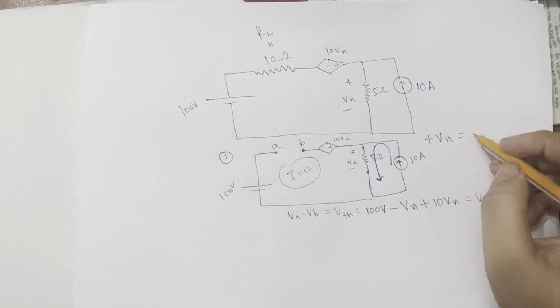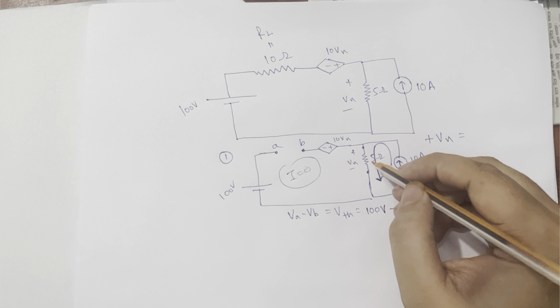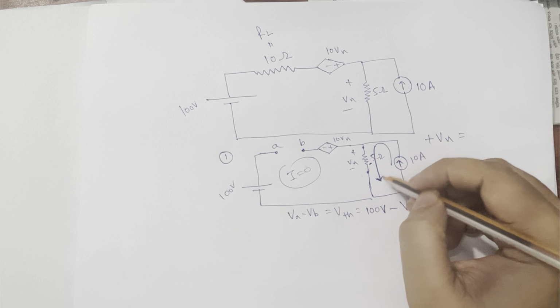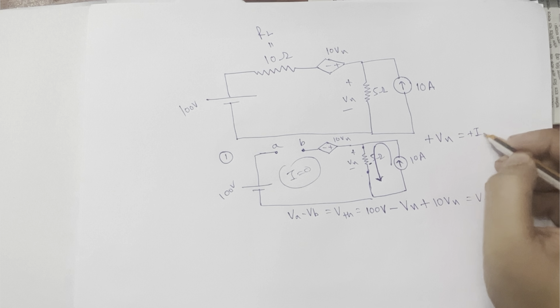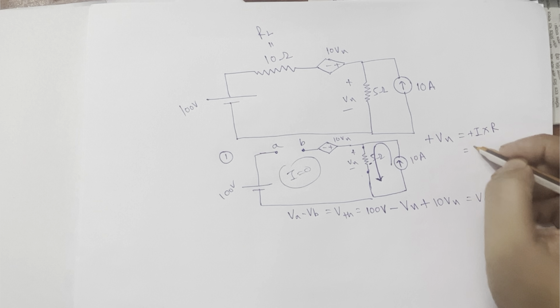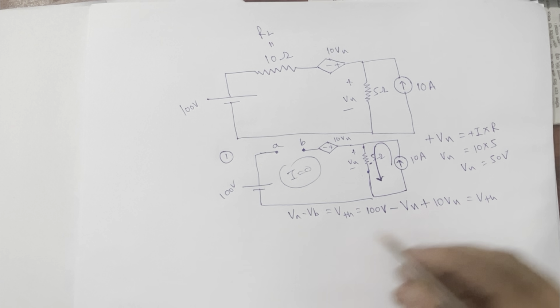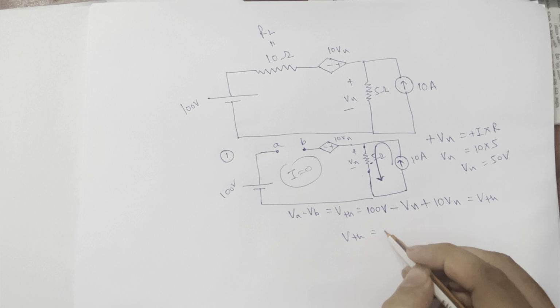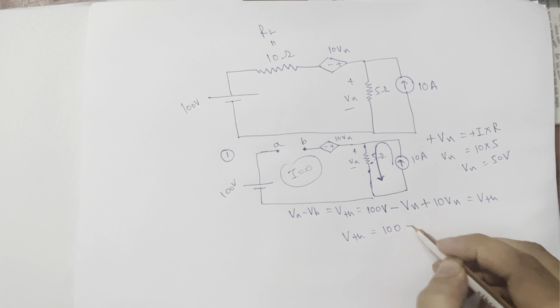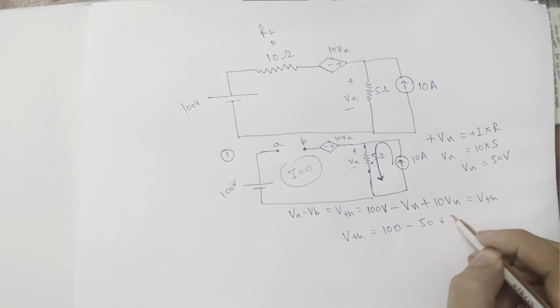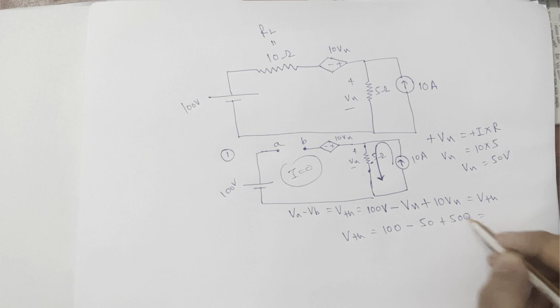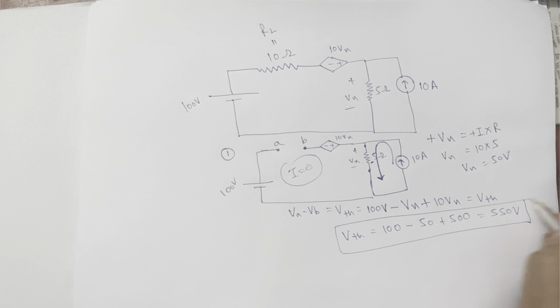So plus Vx will be equal to plus I into the resistance, which is 10 into 5. So Vx is nothing but 50 volts. So VThevenin is nothing but 100 minus 50 plus 500, so it's nothing but 550 volts. We already came to know the Thevenin voltage.